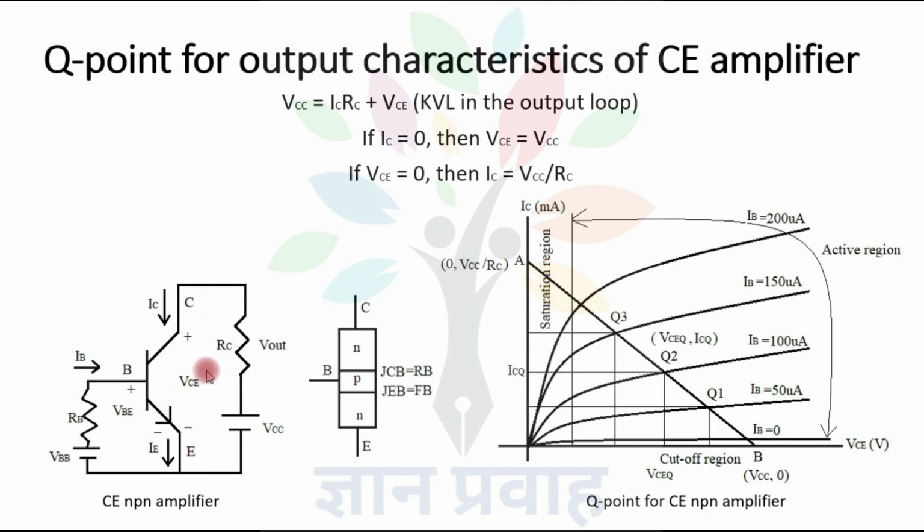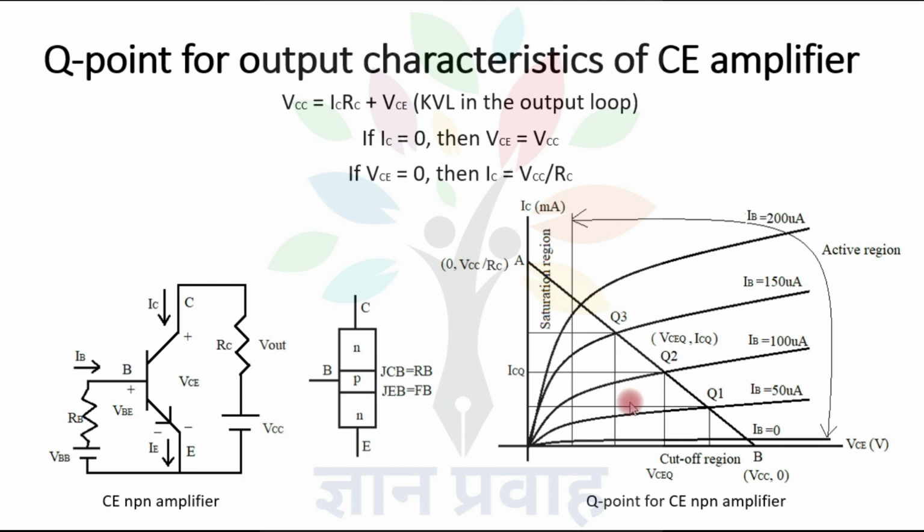So Kirchhoff's voltage law in the output loop gives VCC equal to ICRC plus VCE. So here the important parameters are RC and VCC. By changing these two parameters, we can change the Q point, or we can shift the Q point from one point to another point.